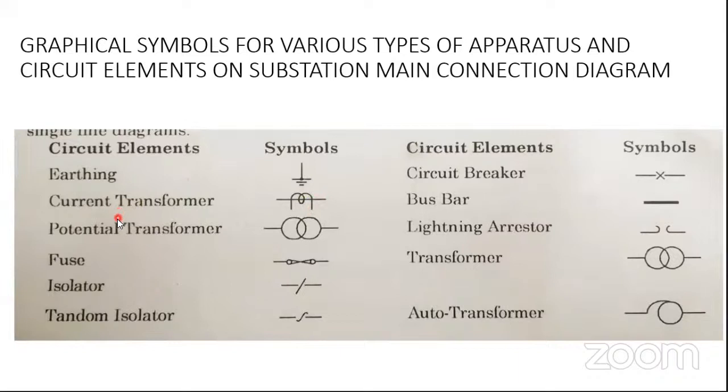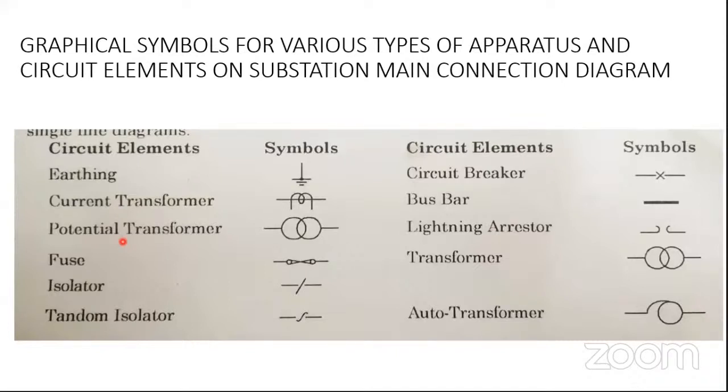Then, in the same way, in order to read voltage of very high values, to use normal voltmeters of the range 0 to 300 volts or 0 to 600 volts, we use potential transformers.